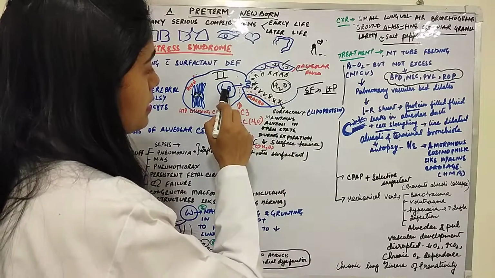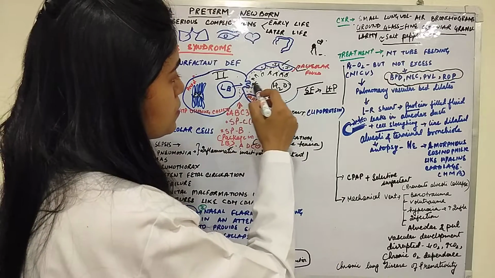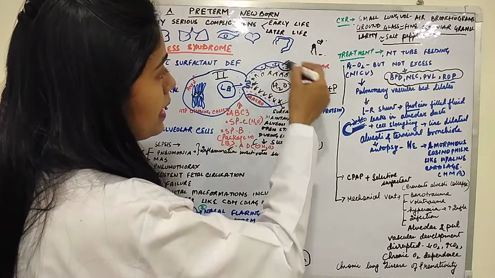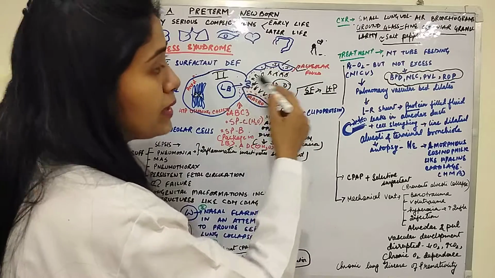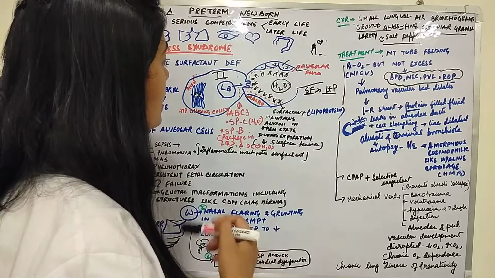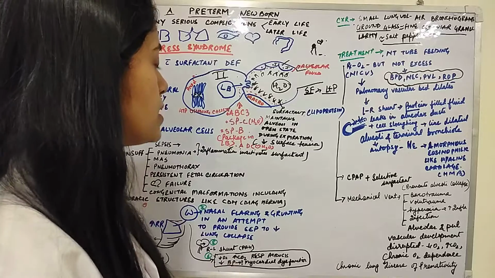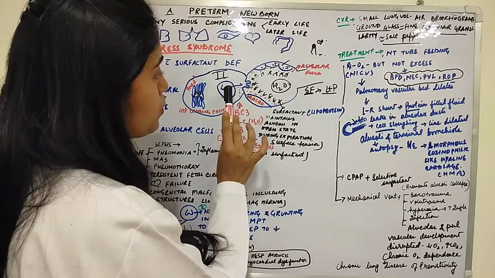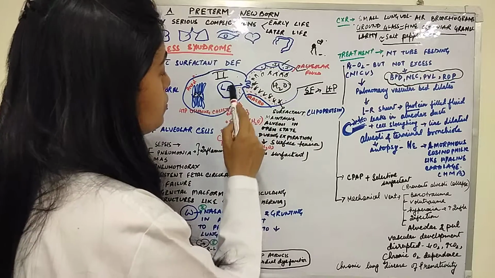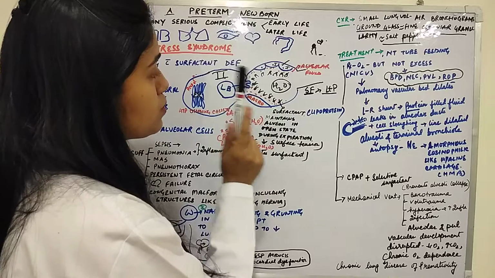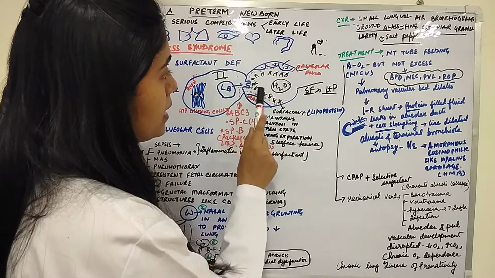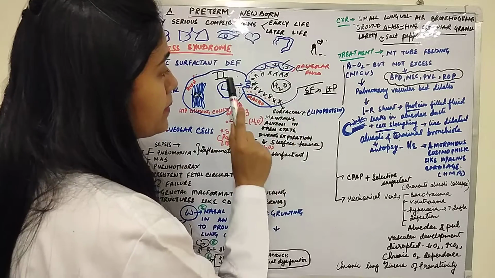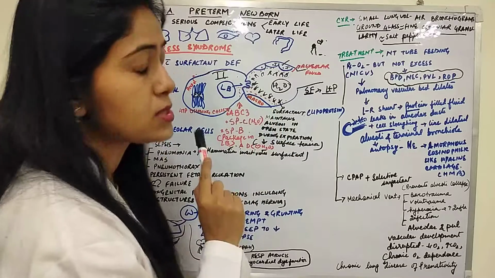From the lamellar bodies, it is released into the cavity of the alveoli through exocytosis. There are some proteins which help in the transport of the surfactant molecules from the lamellar body into the alveoli by exocytosis.